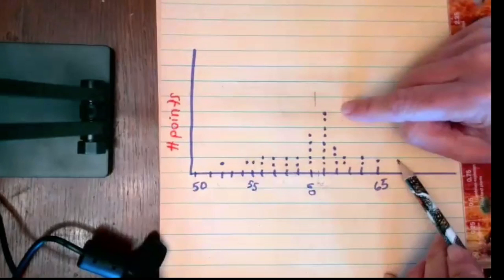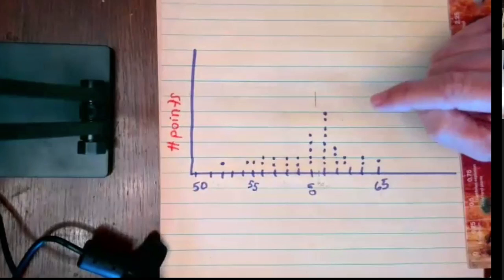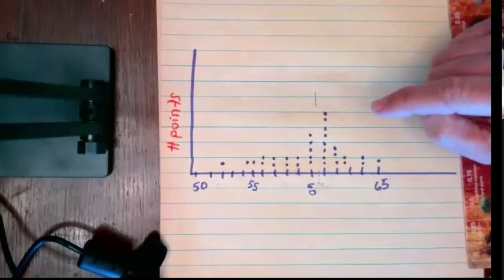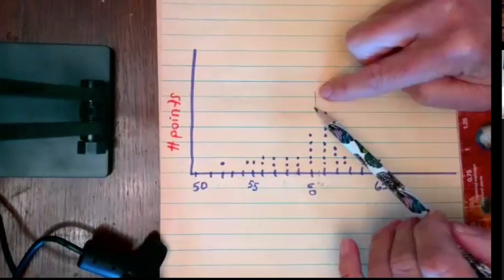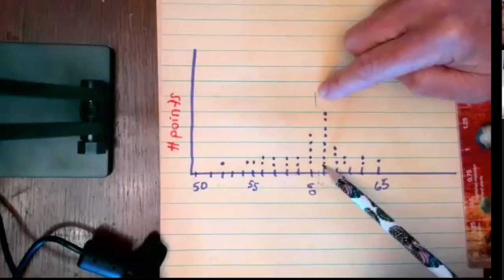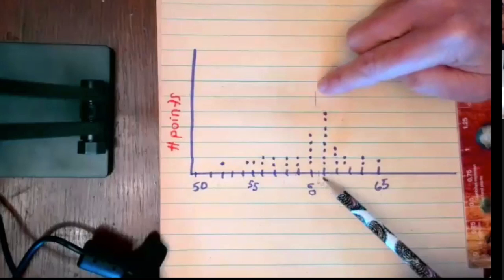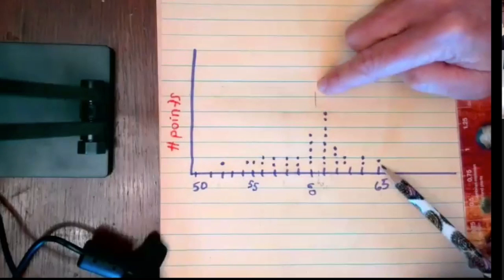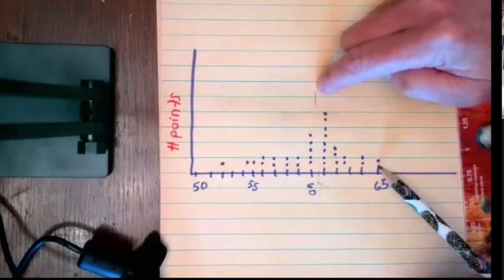Does that make sense to everybody? That we have 16 data points between 52 and 60.5, and we have 16 data points between 60.5 and 65, which is our upper range limit. Give me a thumbs up if that makes sense so far.